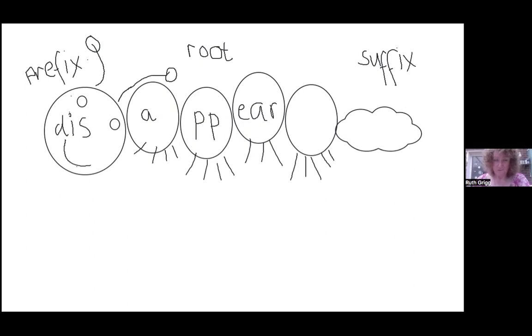So you just write the whole word together. Disappear. So I think you understand the basics of the root word and the prefix, and we'll come to this bit later on. Okay, so let's move on to the sheet, shall we?